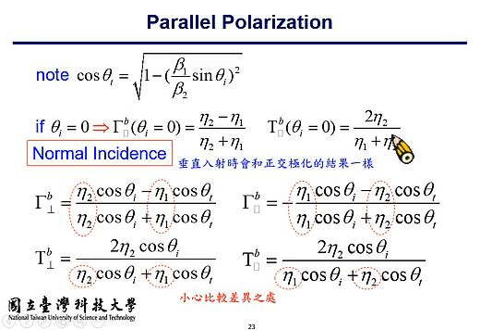If you compare the two carefully, you find the locations of eta 1 and eta 2 are interchanged. For one polarization, you start with eta 2 cosine theta i minus and plus eta 1 cosine theta t. For the other, you have eta 1 times cosine theta i minus and plus eta 2 times cosine theta t.